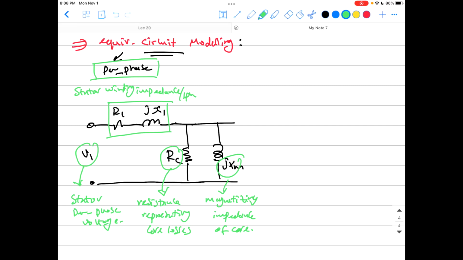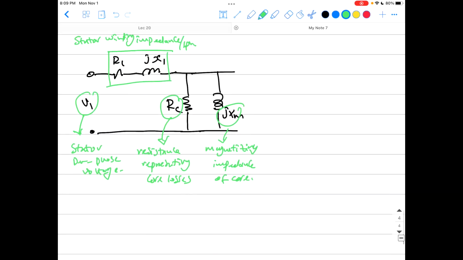Magnetize it means the core itself is now turned into an electric magnet, like we said before. If you remember in your circuit courses, any coil you have will be represented by an R and an L. This L is the magnetizing, okay? So you have here something representing the magnetic field magnetizing the core itself, and it's a JXM, okay?